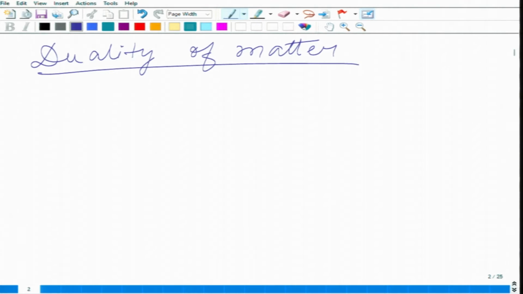So, let's consider electrons as an example of matter.